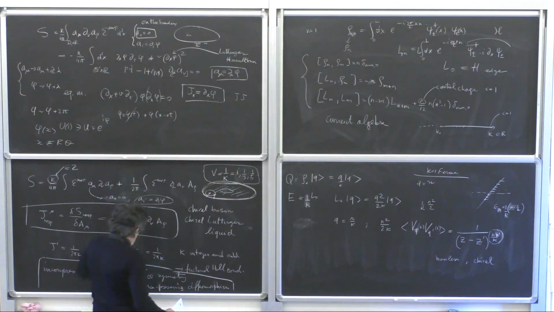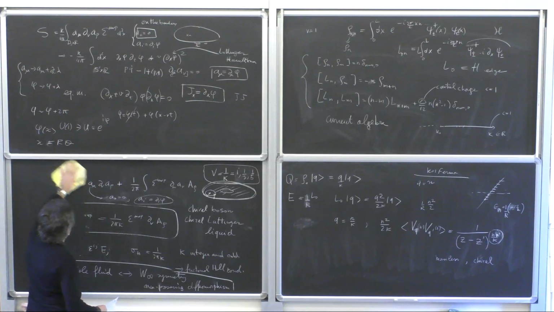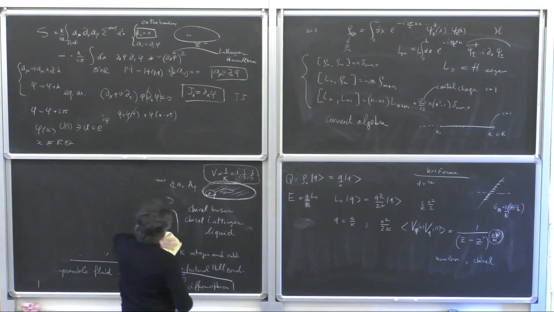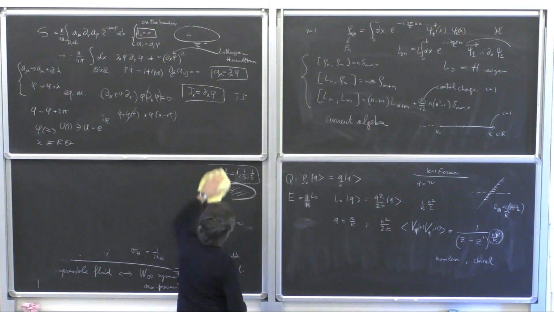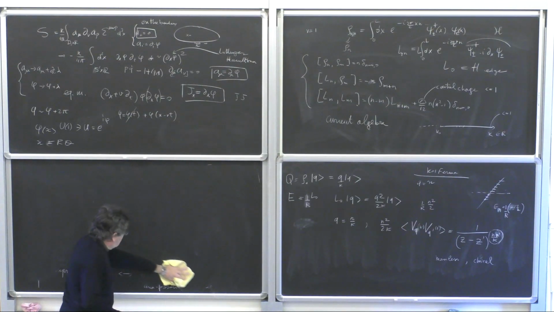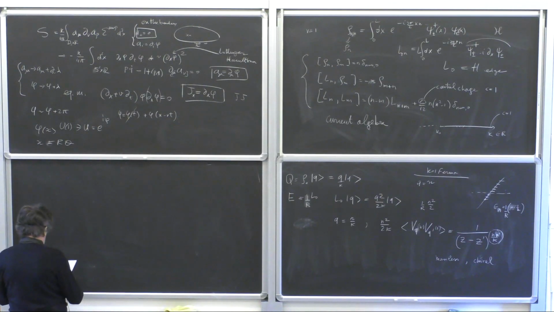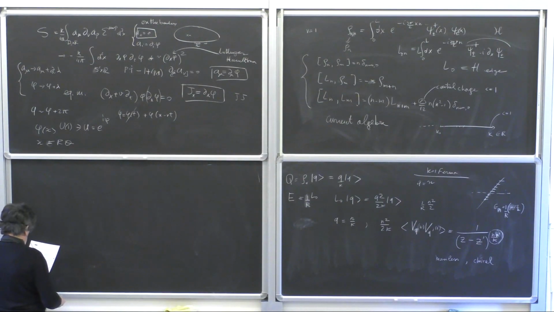Canonical quantization starts from the commutation relation, and the commutation relation that you get from the symplectic part there.